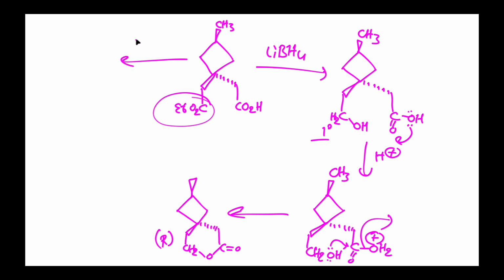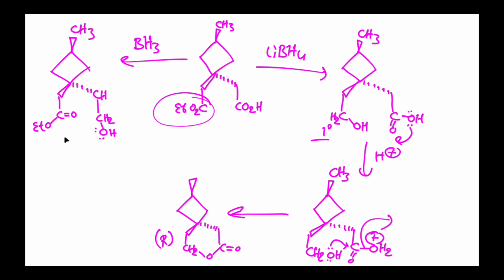Similarly, this molecule is treated with diborane, that is BH3. BH3 affects only the carboxylic acid. It does not affect the ester group. Only the carboxylic acid is converted into a primary alcohol. Further, it undergoes acidification. The lone pair on the ester takes this proton, then EtOH is removed.